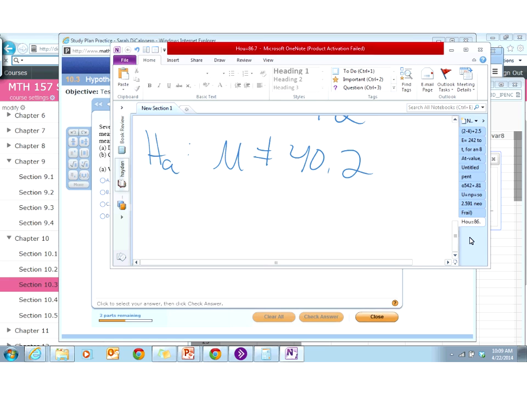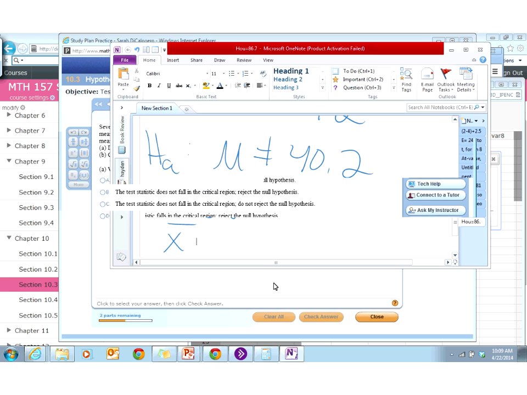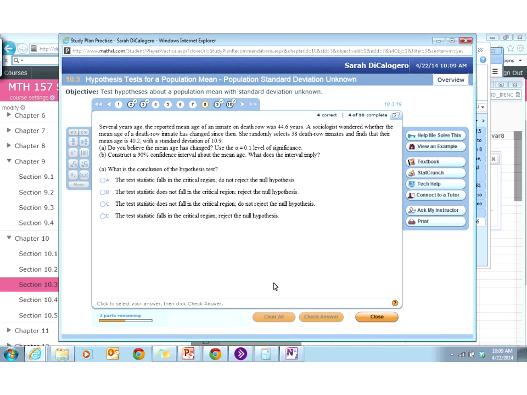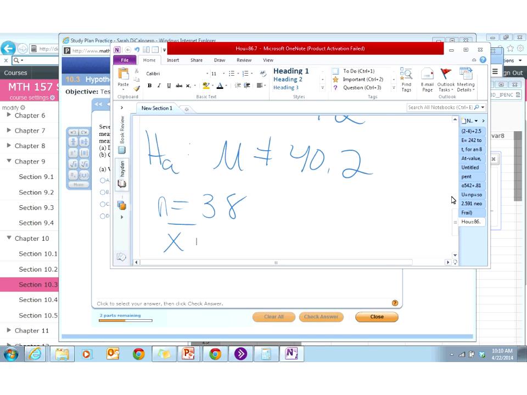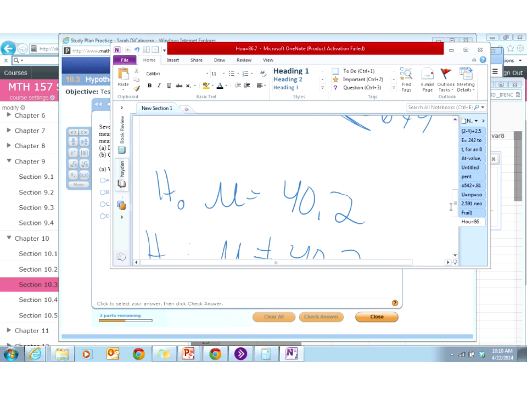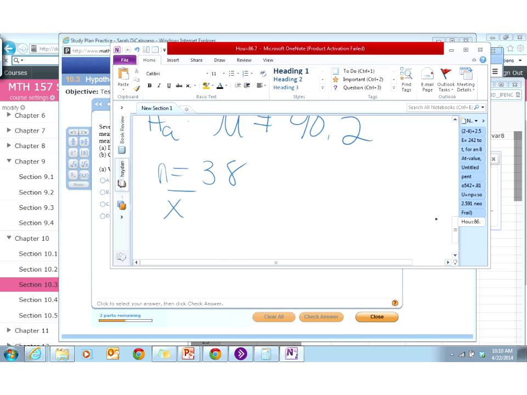And all the other things that we know, n is 38, x bar, oops, did I write that down? Oh, 44.6, oops, see that's why it's always good to check your work. It's actually mean equals 44.6.